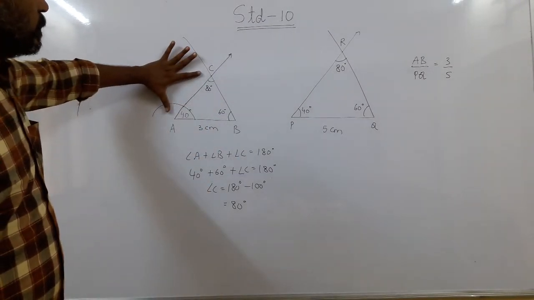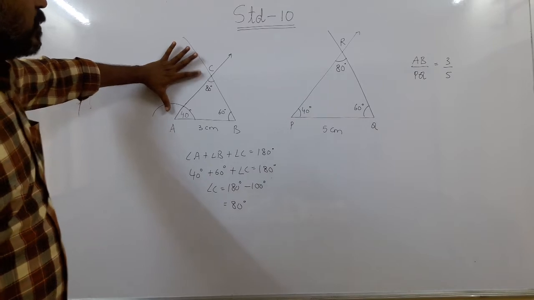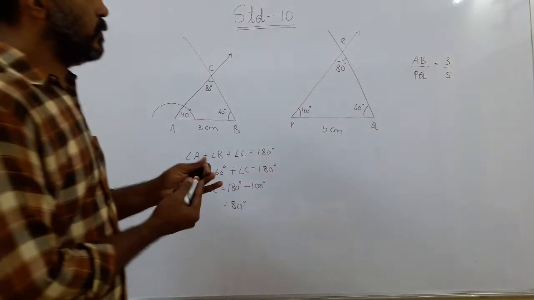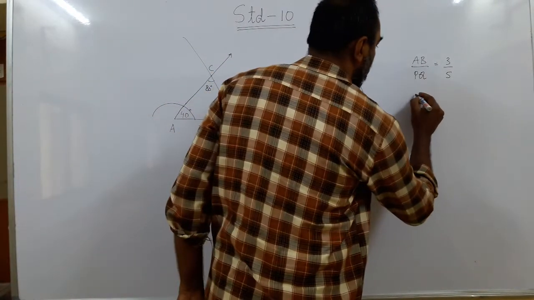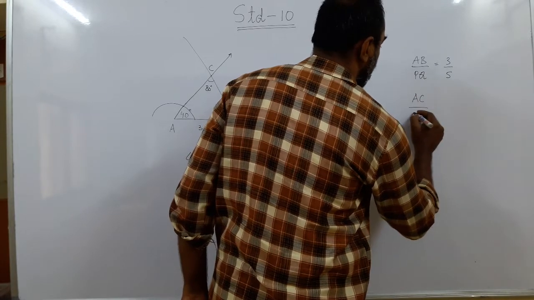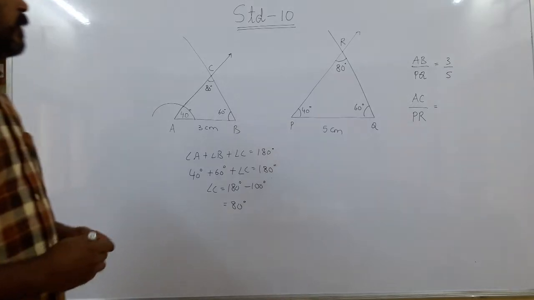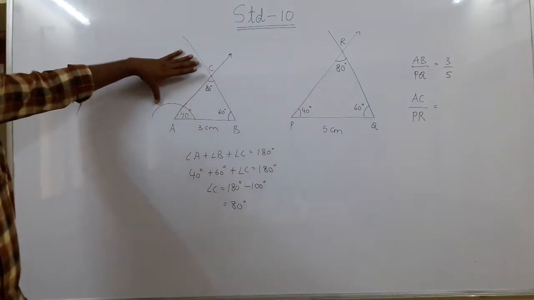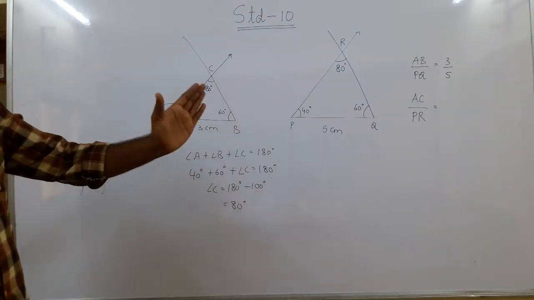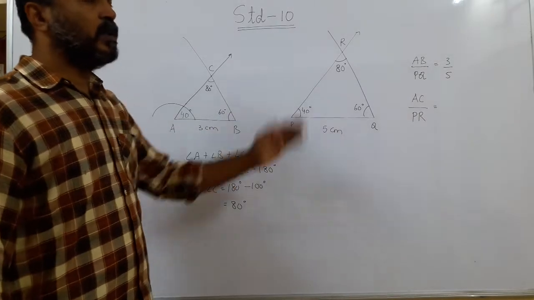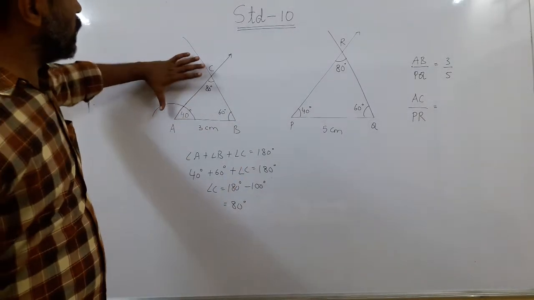Measure AC and measure PR. Now it will not be to exact scale. Why? The scale can only go accurate in millimeter. You cannot go very accurate, but still you can try.